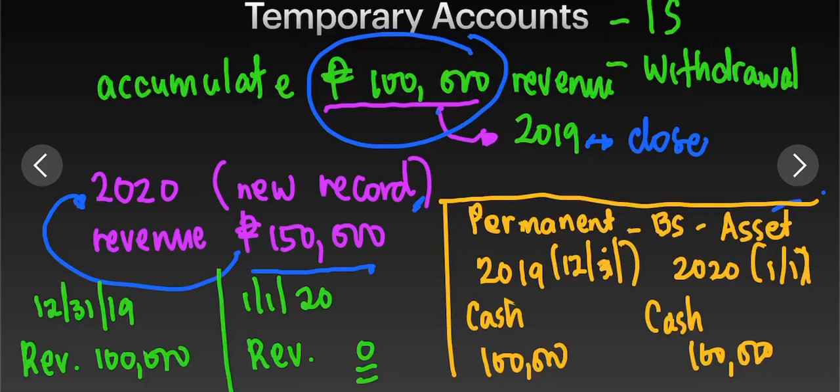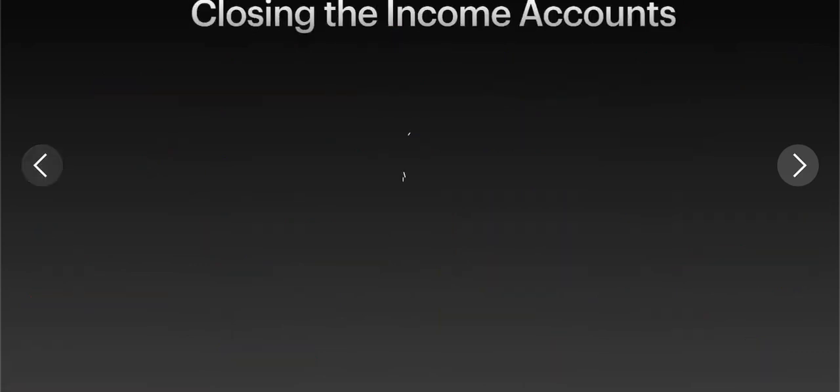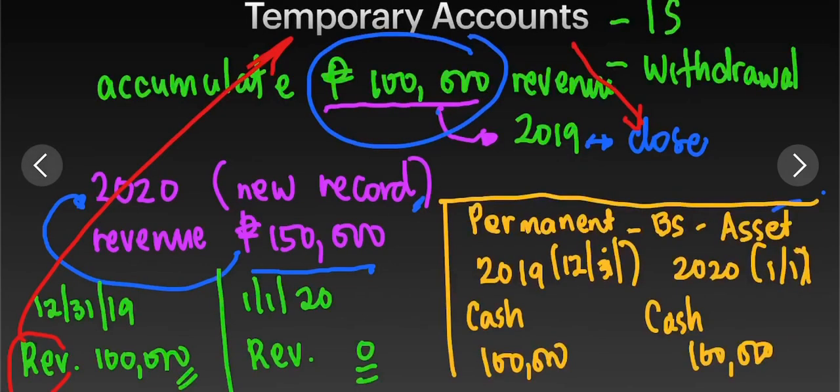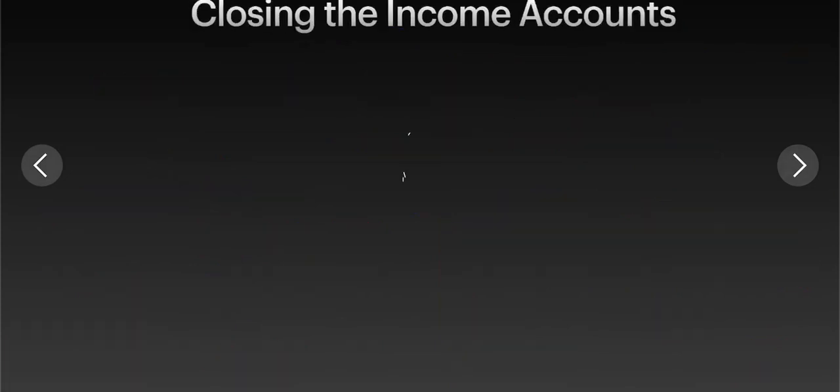Why? Because you close your December 31, 2019 revenue account. Why? Because revenue is an example of temporary accounts, and temporary accounts are being closed. How are you going to close temporary accounts?